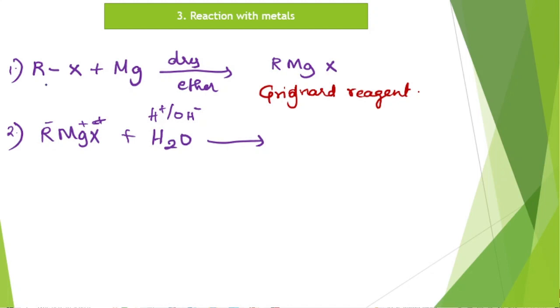So that RH will go out as RH, and MgX and OH will be attached. So plus MgXOH, like that you will get. So this is going to be your alkane hydrocarbon. Clear? So that is all about the reaction with metals.